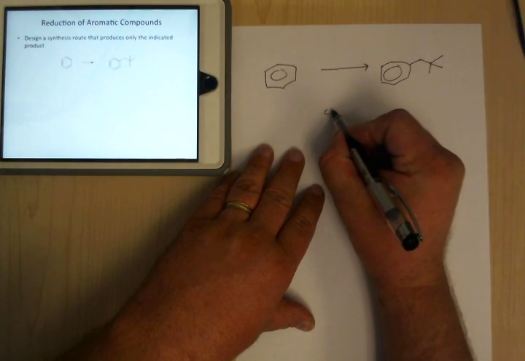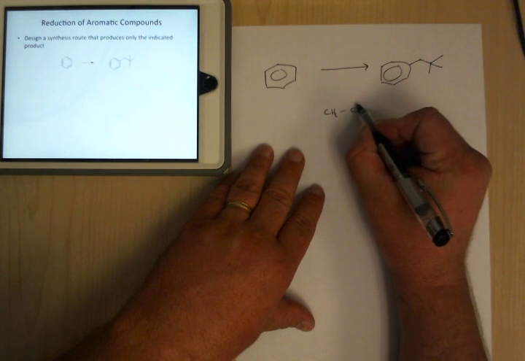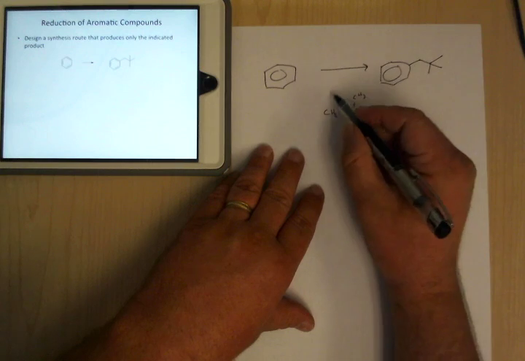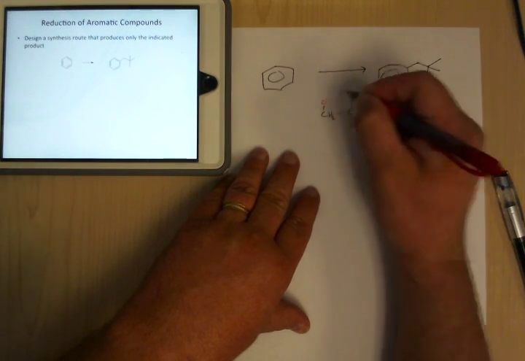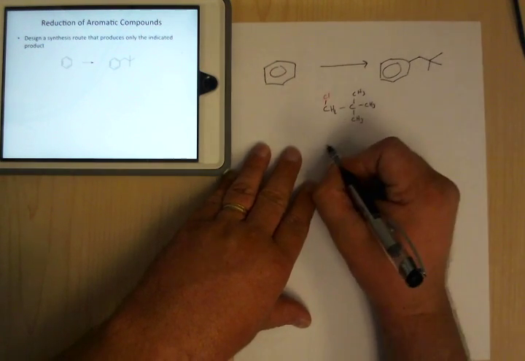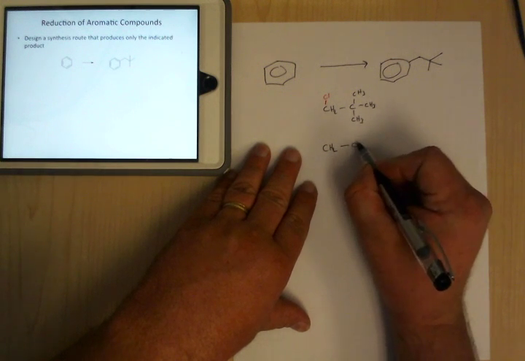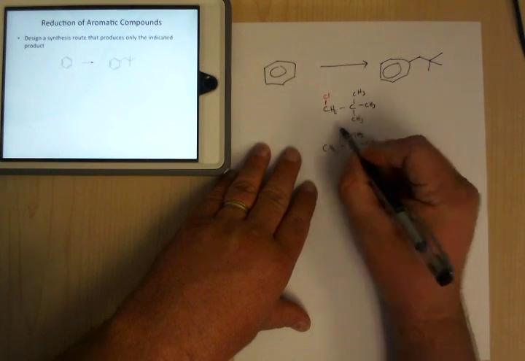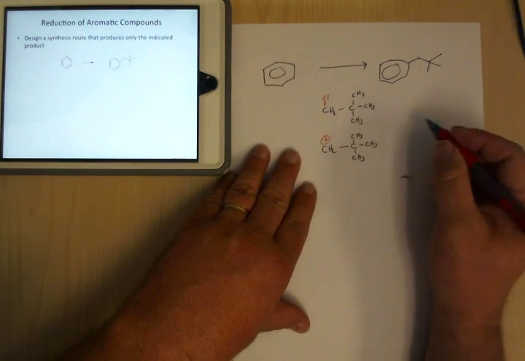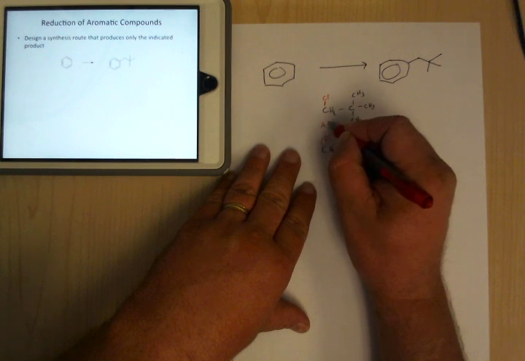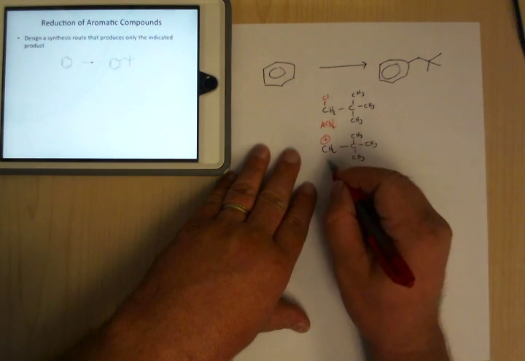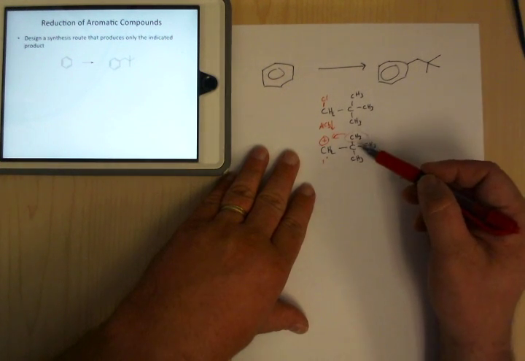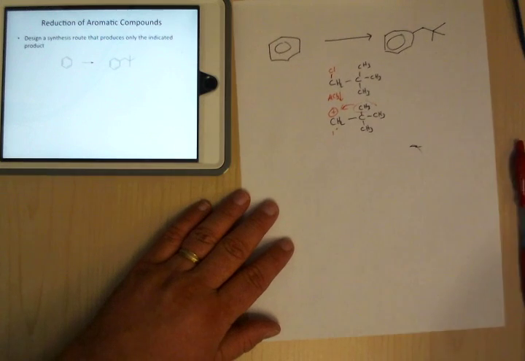If we want to go there directly, we would need this, which would form the CH2. If we did this alkylation, which would form that, this is primary, and that is bad. This is going to get shifted over to make the tertiary carbocation, so this isn't going to work directly.